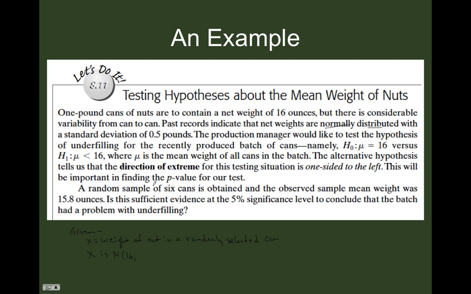And then we have this issue of standard deviation. Well, a half a pound is 8 ounces. There's a unit issue here. There's no way that the standard deviation can be a half a pound, because if we went 2 standard deviations, 2 standard deviations would be 0 to 32 ounces.